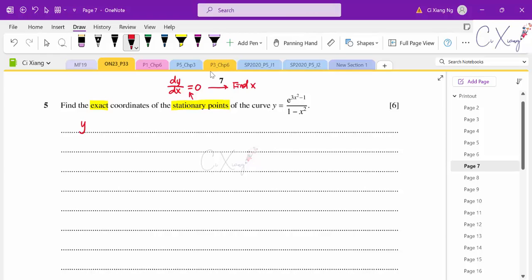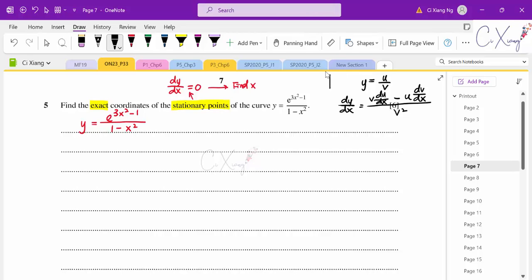Alright, okay, so let's start with our fraction here. We are having a fraction, the equation in terms of fraction. Alright, so to differentiate it, I'm going to use the quotient rule. Right, so the quotient rule is, if let's say y equals u over v, then to get the dy dx by using quotient rule, the formula is v squared at the bottom, then you copy the v, differentiate the u on top, then minus, now you copy the thing on top, differentiate the v at the bottom.